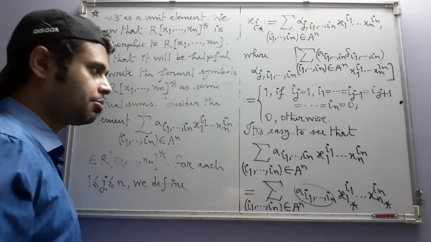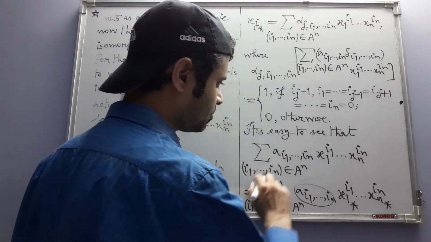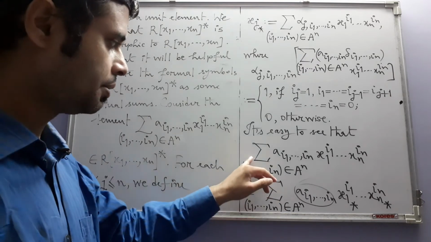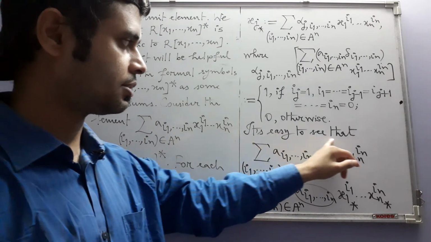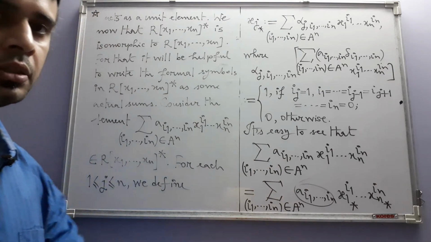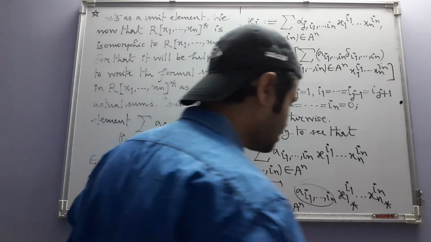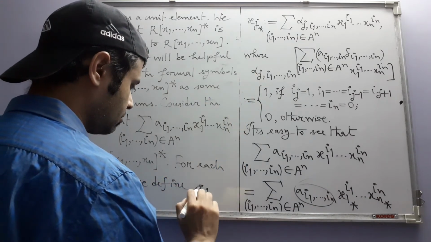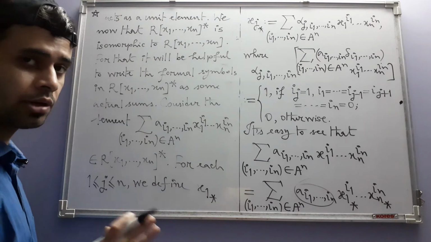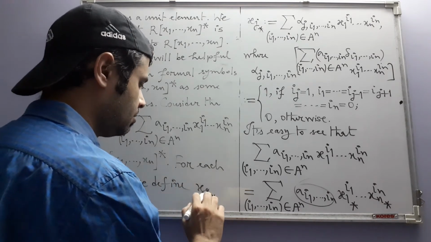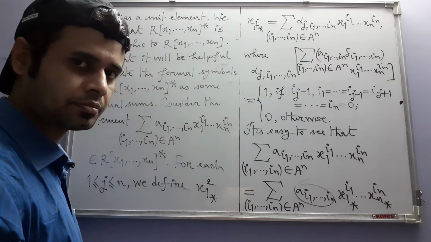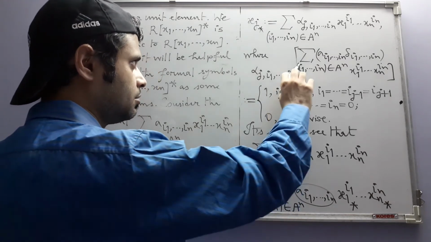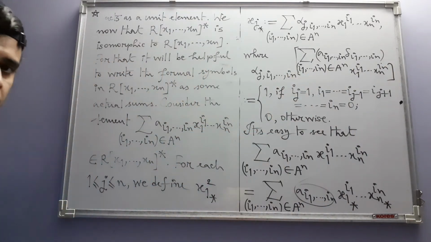Now it may seem like I am trying to say something extremely non-trivial here by just simply saying that it's easy to see that this becomes equal to this. But what I want you to do is take x1 star, actual x1 star, calculate its square, then multiply that with this type of element and see what you get.